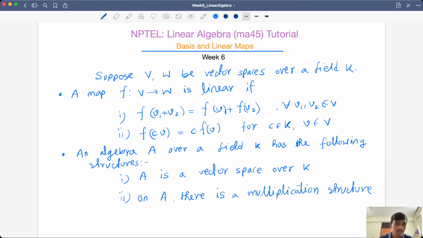Generally you can say that if you have a ring A with also a vector space structure, then you say it is an algebra over this field K. And in A this multiplication structure comes with an identity element.